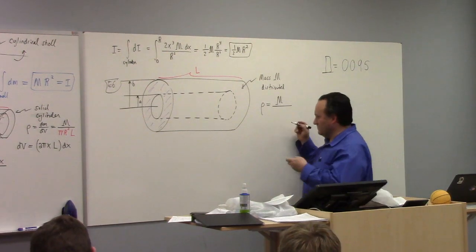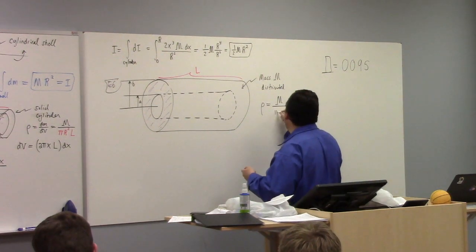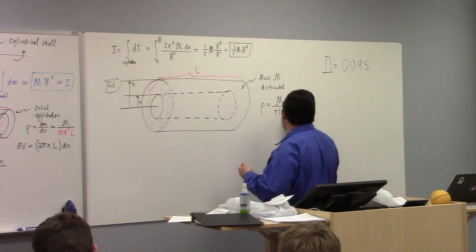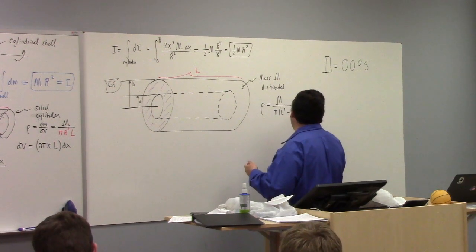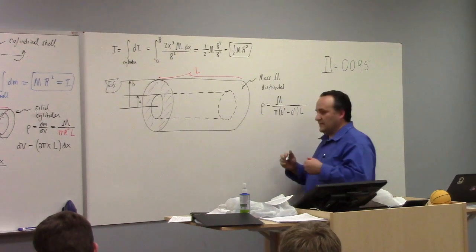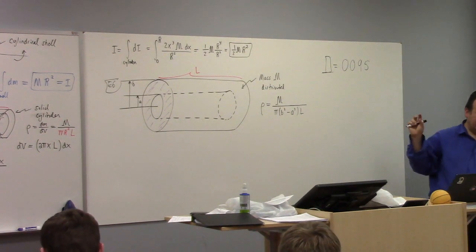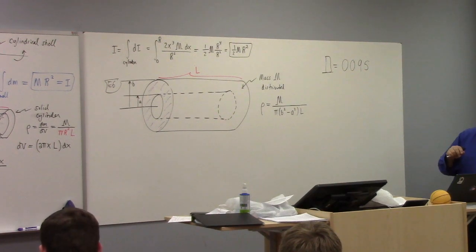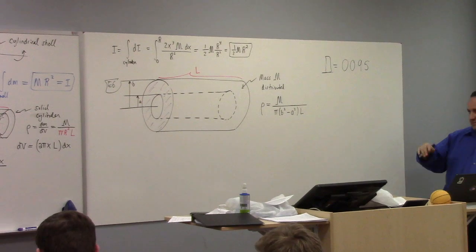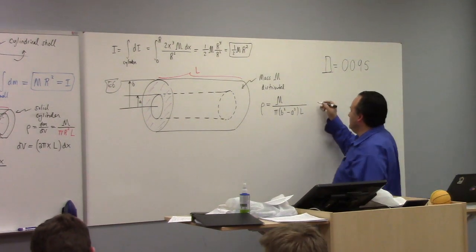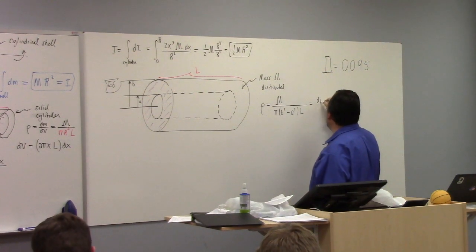Well, it's going to be pi times b squared minus a squared times L. So you take the volume of the outside cylinder minus the volume of the inside cylinder to get the volume of this annular region. And so that's the mass per unit volume, this is your dm dv.